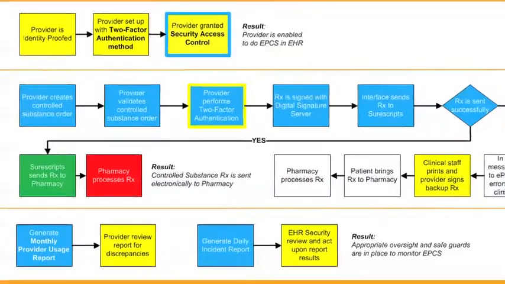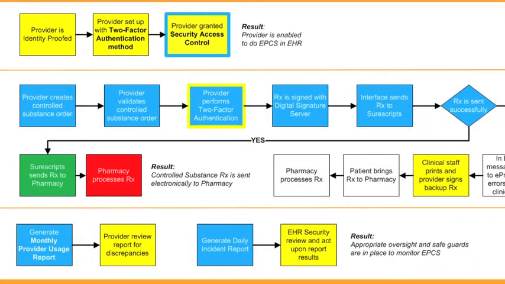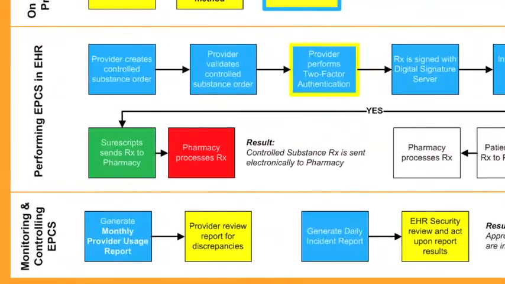The blue colors were where our vendor had responsibility to be certified for DEA compliance. There's also a green block, which shows the SureScripts process, and a red block, which shows the pharmacy process, because the pharmacies themselves also have to be certified to receive EPCS. You can click on the green resources button at the bottom of your console to download this diagram.